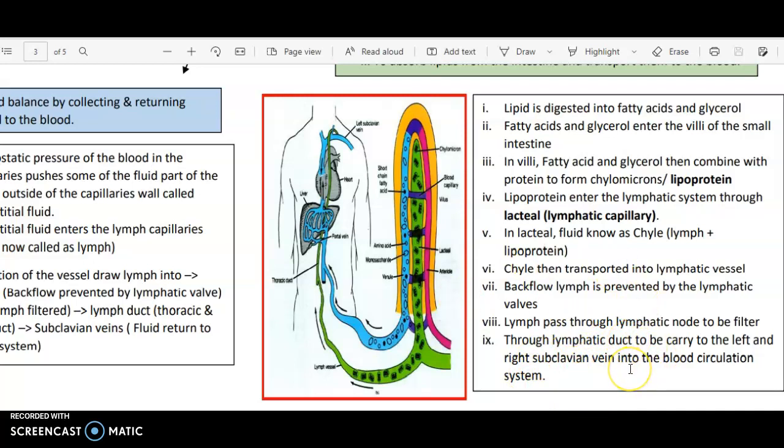Pathway dia sama. Mesti lymphatic capillary, lymphatic vessel, and to prevent backflow of the lymph from lymphatic vessel to lymphatic capillary is by the lymphatic valve. And then the lymph needs to be filtered at the lymphatic node. Next to the lymph duct, and then last one at the subclavian vein.